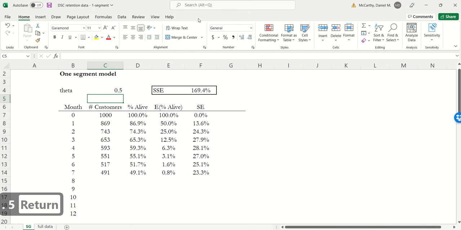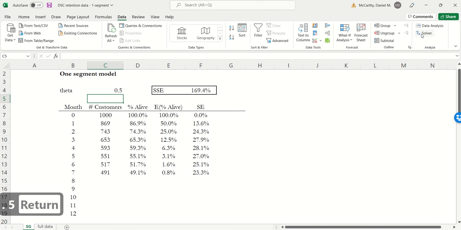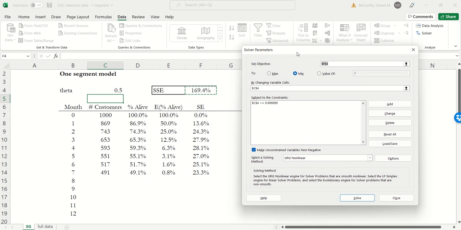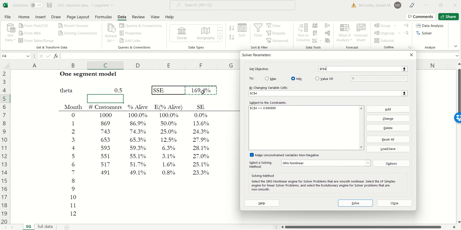The way that we're going to find the exact value of theta is to use Solver over here. So I am going to minimize the sum of the squared error by changing theta.